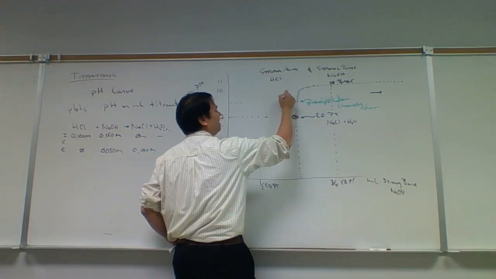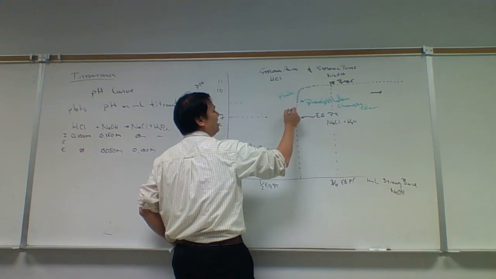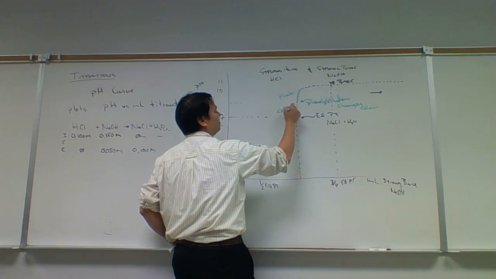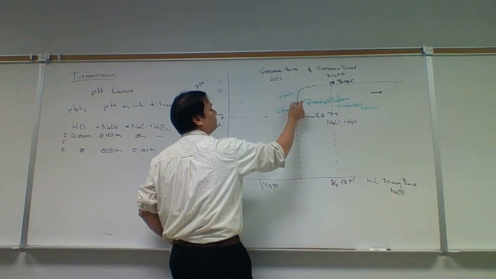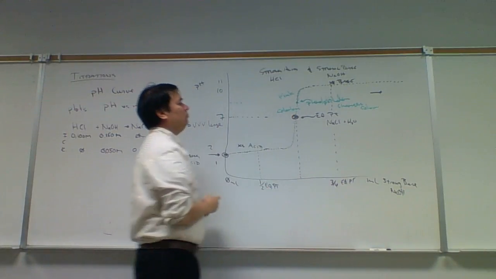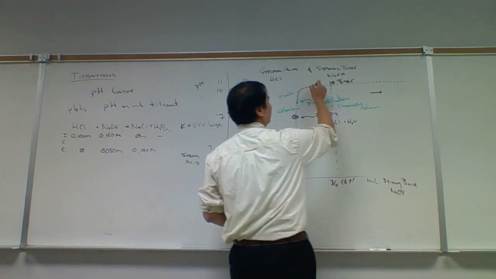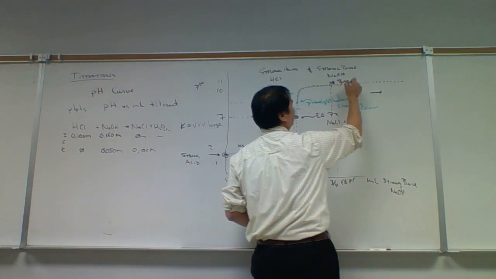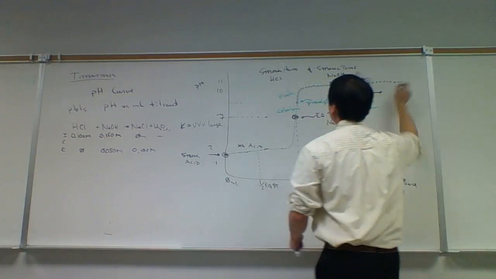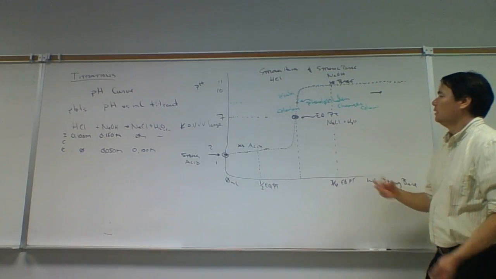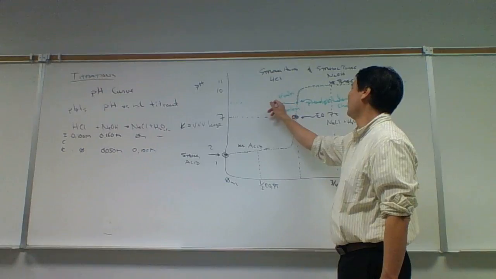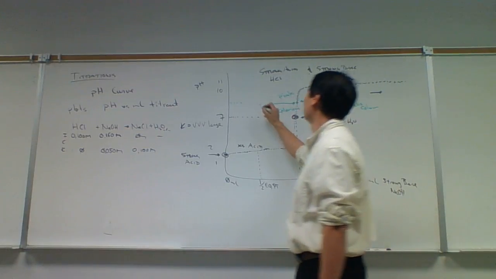It's pink up here, or red, and then it's colorless down here. And it stays pink, the color just darkens a bit. And you think, well, this is called the end point of the titration here.